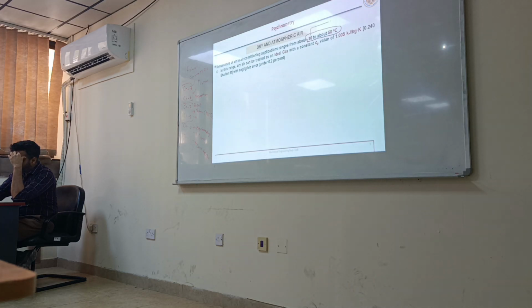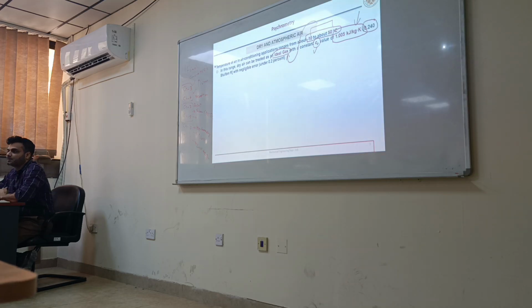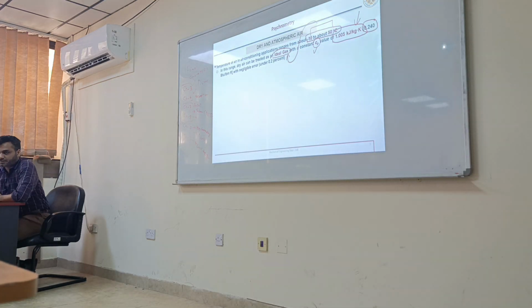So in these two limits, what about the Cp value of air? This air can be treated as an ideal gas, number one. Secondly, this temperature range is so small that we can assume Cp as a constant, which we have been doing so far, in SI units, and that is in English units, right?